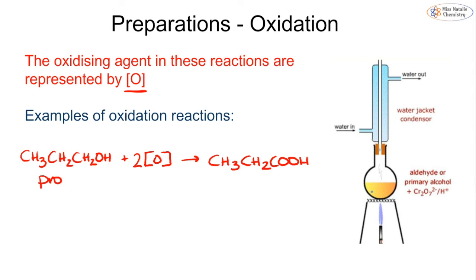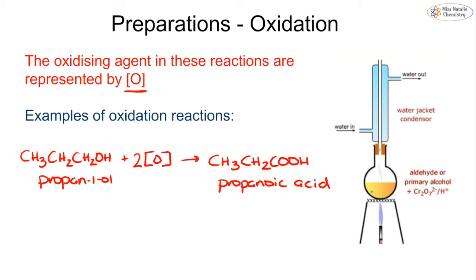So we have our propan-1-ol, our primary alcohol, giving you the propanoic acid. And you should be able to write either the full displayed formula, the short structural formula like this, or even the skeletal formula for these reactions. Of course, not for the oxidizing agent, you always just simply write that as O in brackets.